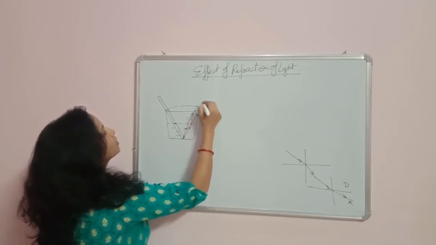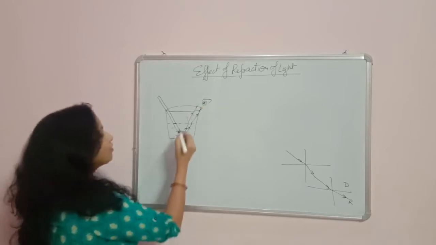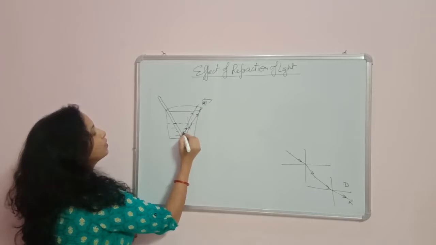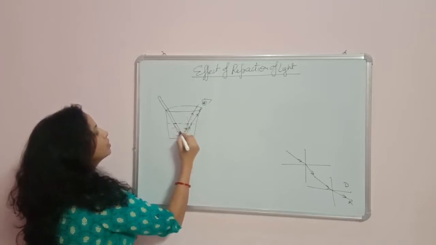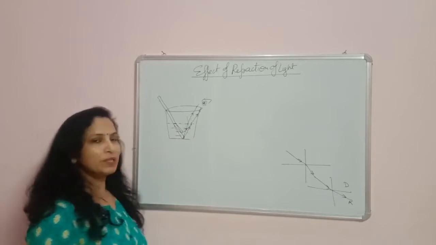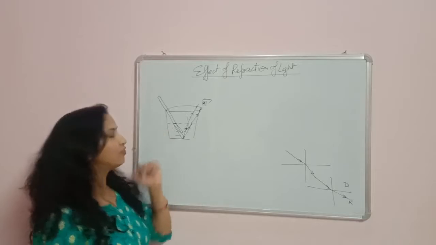So suppose we are looking from here. It will appear that the tip of the immersed pencil is here. So the stick appears to be bent at the surface.